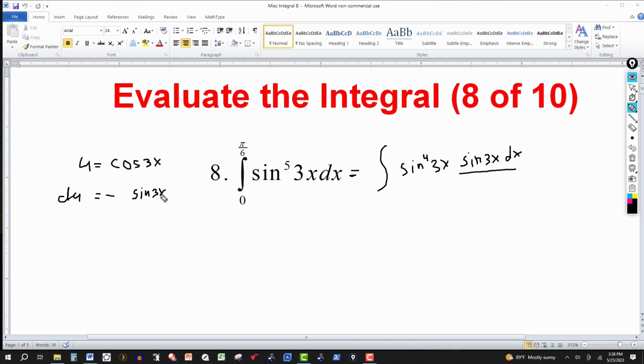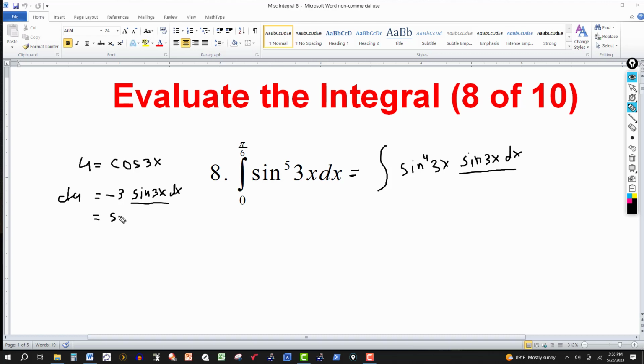Then the chain rule, derivative of 3x is 3, so that would have to come out of here, and this will be a dx over here. Let's solve it. Since we have a sine 3x dx on the right side, let's just go ahead and solve it for sine 3x dx by dividing by negative 3.